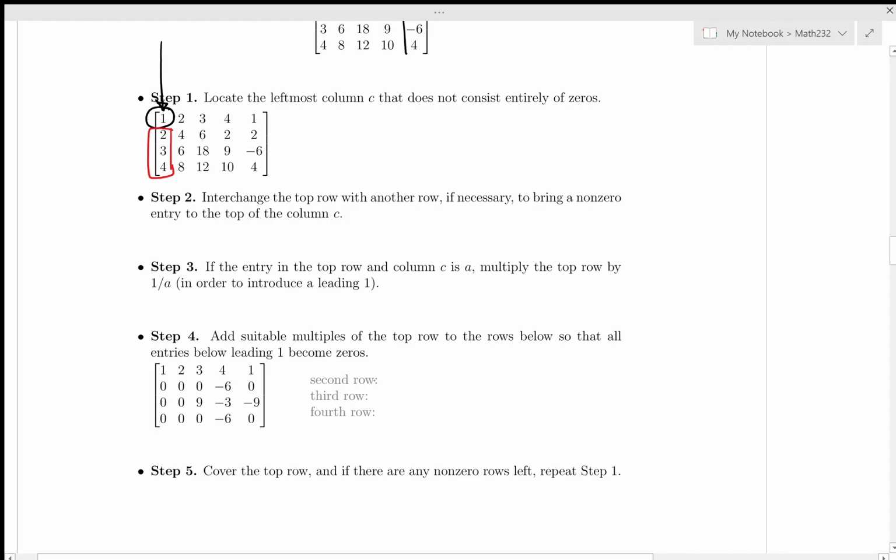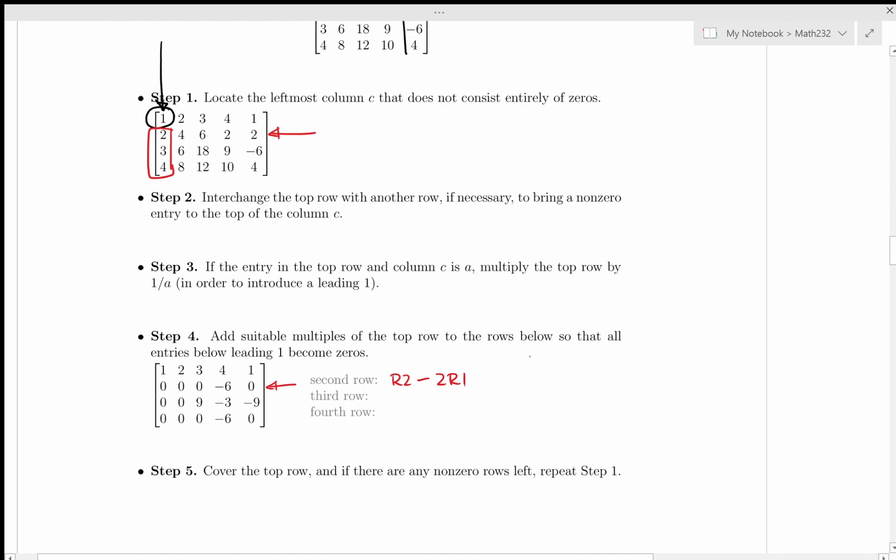You see the second row here, and you see how different it is looking right here. How did that happen? I take row 2, and in order to get that new second row, I am subtracting from it 2 times row 1.